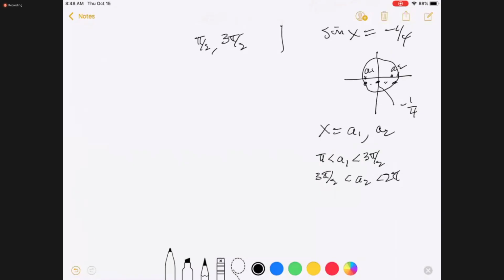Okay, so I know where these are, I can still get a pretty good idea. A1 and A2 are both bigger than 5 pi over 6. So I know kind of where they are relative to my local minima and maxima and the critical numbers from the first derivative.